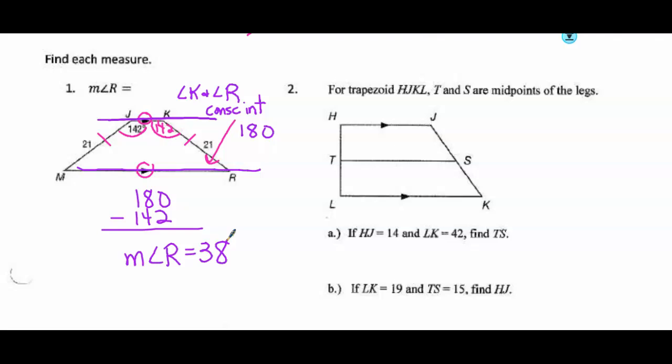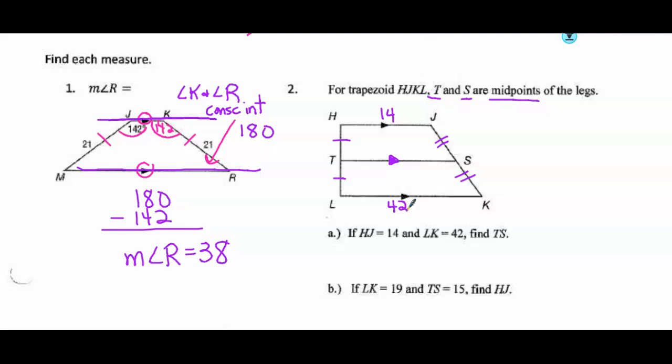Number 2 is a trapezoid. It says T and S are midpoints. So you can mark up your picture, and as soon as you know that's a midpoint, mid-segment, because it goes to the midpoints, you know it's parallel. The first question says if HJ is 14 and LK is 42, find TS.